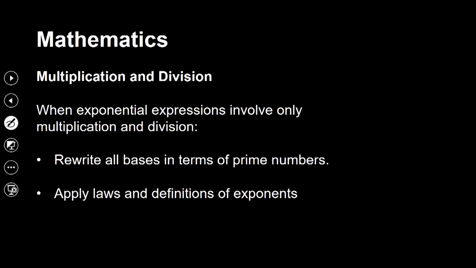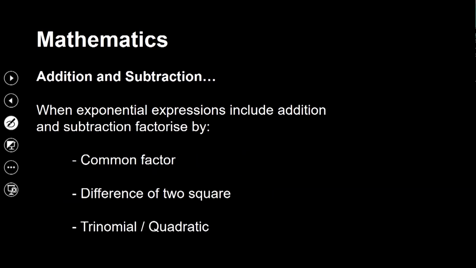When it involves only multiplication and division, the main thing you need to do is rewrite the basis in terms of their prime numbers and then apply the laws and the definitions of exponents. This is quite a bit easier than when it has addition and subtraction.